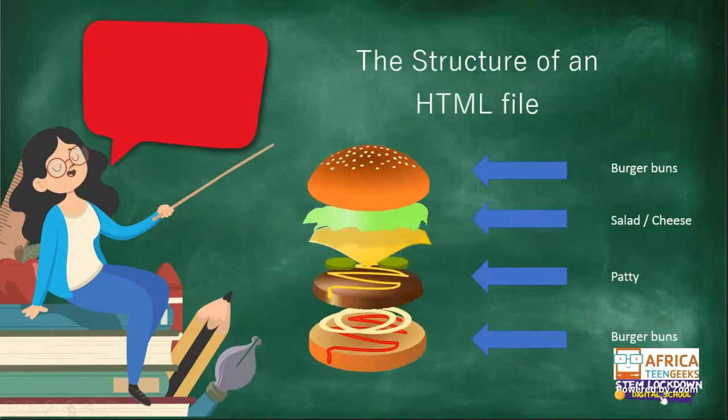So the structure of an HTML file, like I explained to some of my students, is almost like creating the perfect burger. If you guys like burgers, very important that everything goes inside the burger buns. Now, unless you're creating some kind of super burger with different layers and a whole lot of different buns, that doesn't really apply.